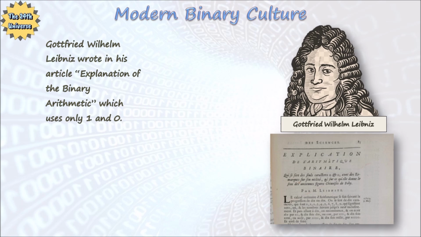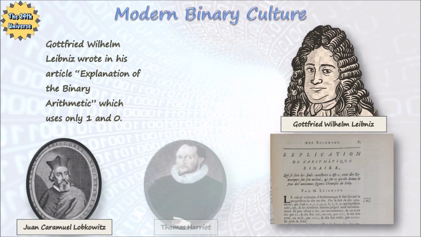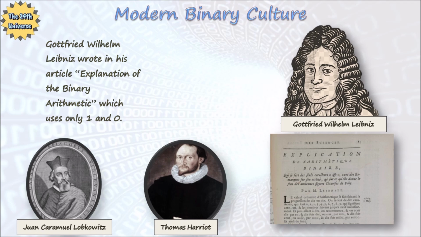Leibniz had similarities with Juan Caramuel y Lobkowitz and Thomas Harriot, who independently developed the binary system. Caramuel worked extensively on logarithms, including logarithms with base 2. He was a Spanish philosopher, mathematician, and writer. Thomas Harriot was an English mathematician, astronomer, and alchemist.